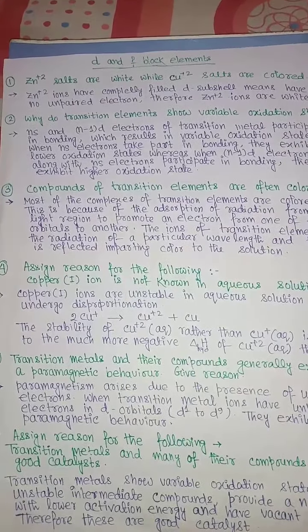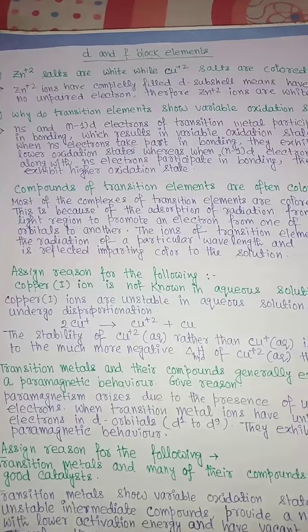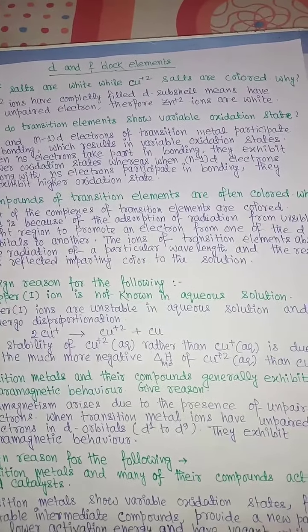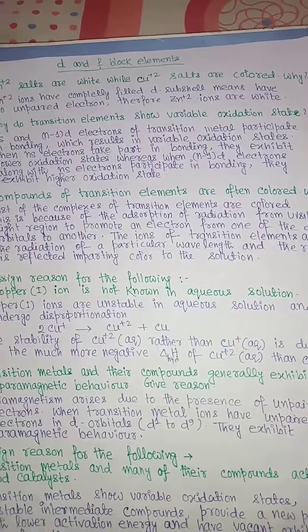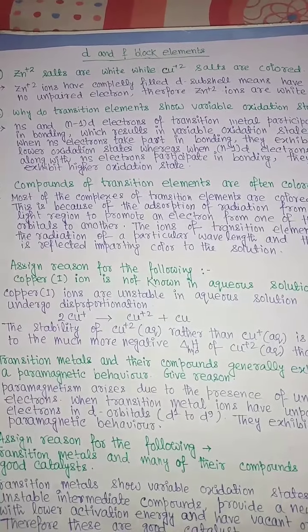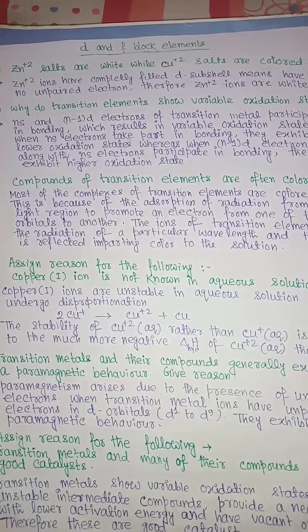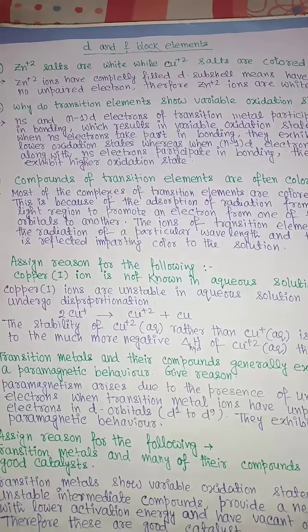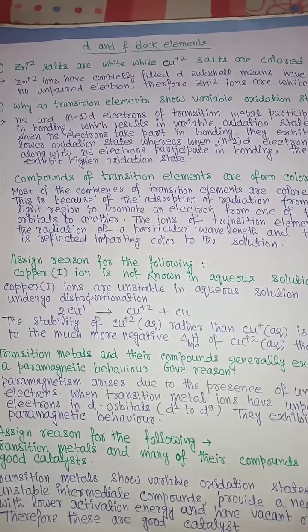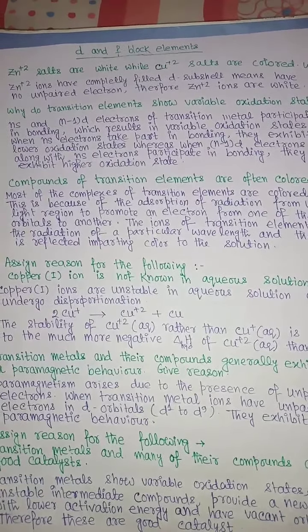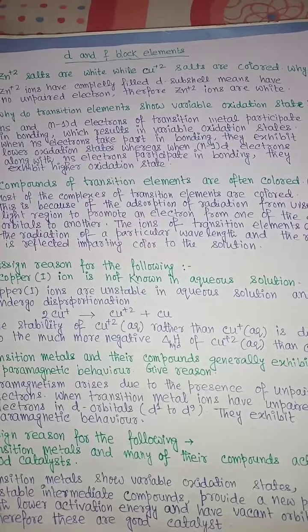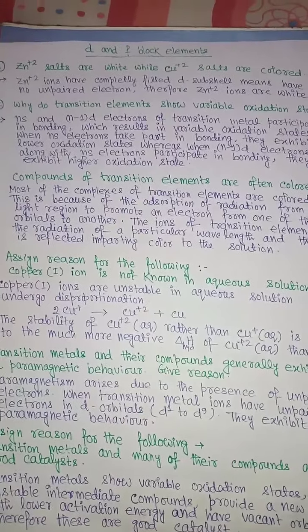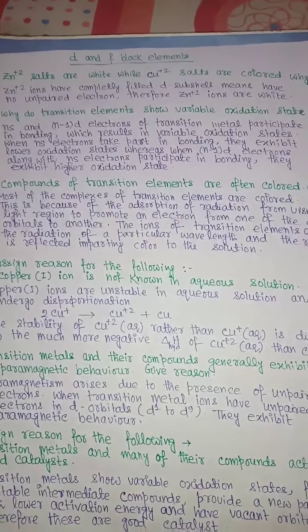Zn2+ salts are white while Cu2+ salts are colored. Why? Answer: Zn2+ ions have completely filled d subshell, meaning no unpaired electrons.